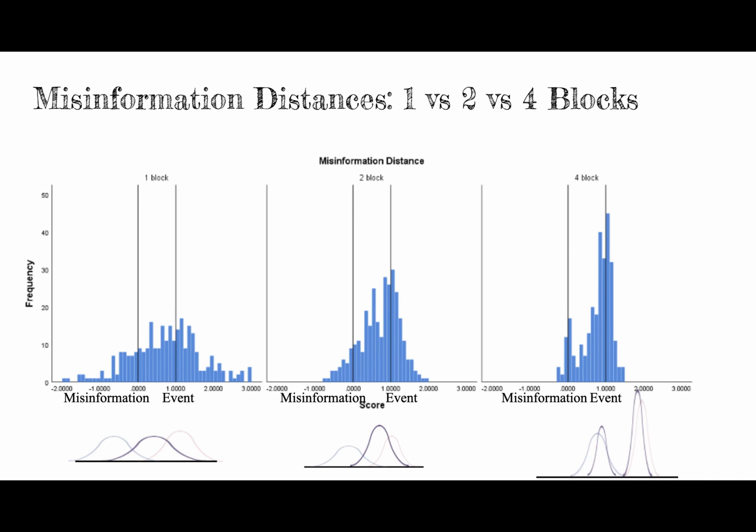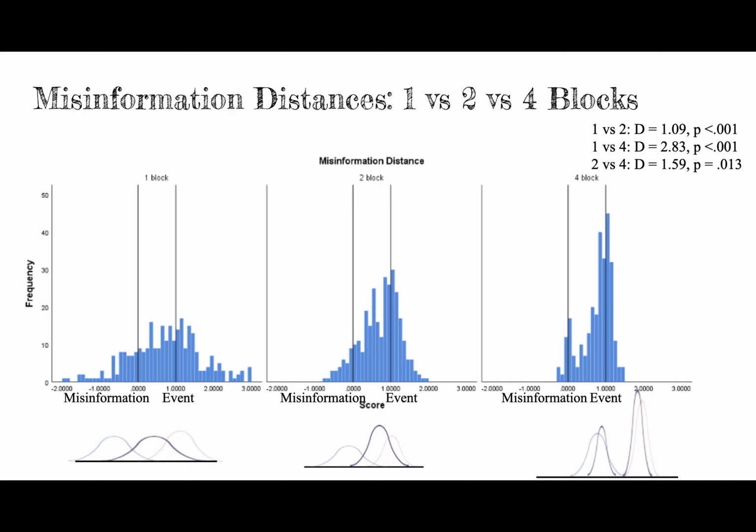Moving forward, we have the misinformation distances of 1 block, 2 block, and 4 block. We saw that there was a significant difference between all three of the conditions, and looking at the Bayesian distributions, the 1 block had near perfect combination.